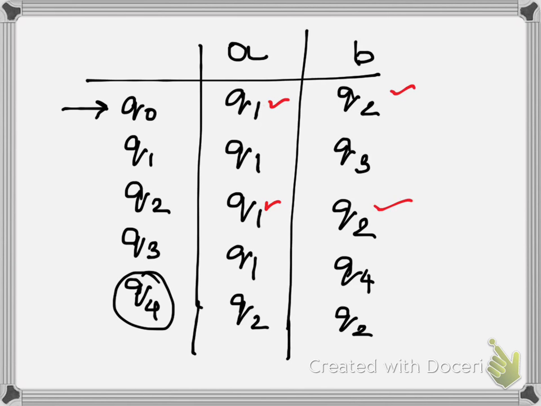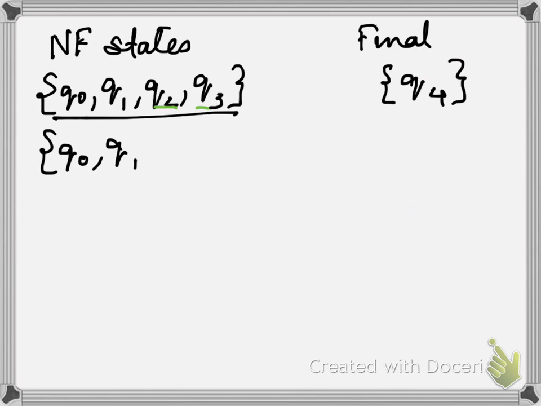Again, same state. So no problem. So Q0 and Q2 are equivalent. So here we will write Q2 will also be equivalent. Now if you check for Q1 and Q2 also, you will find that they are equivalent. Since Q0 and Q1 are equivalent, and Q0 and Q2 are equivalent, so Q1 and Q2 are also equivalent.